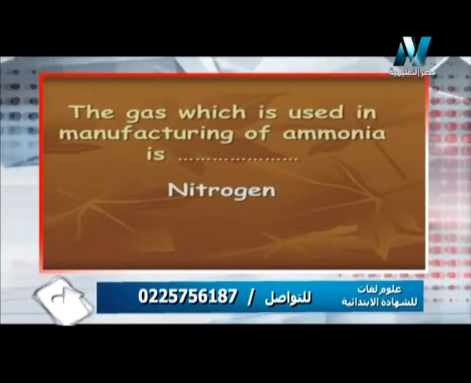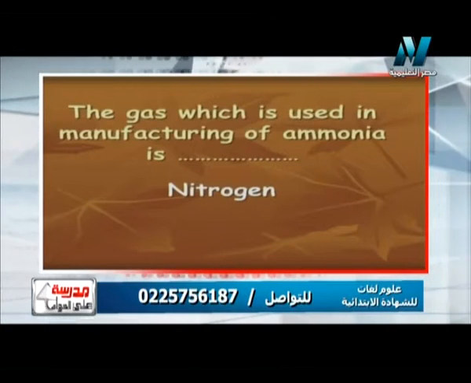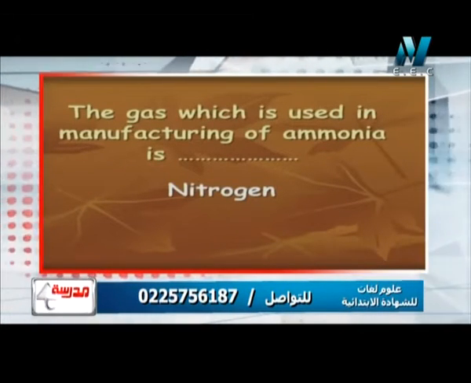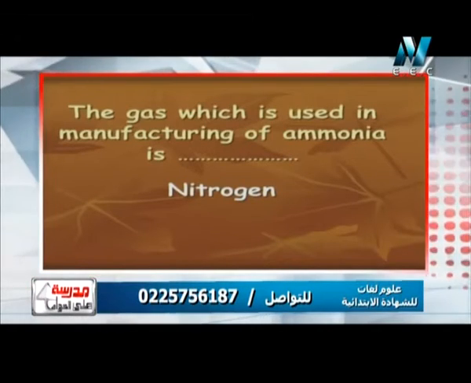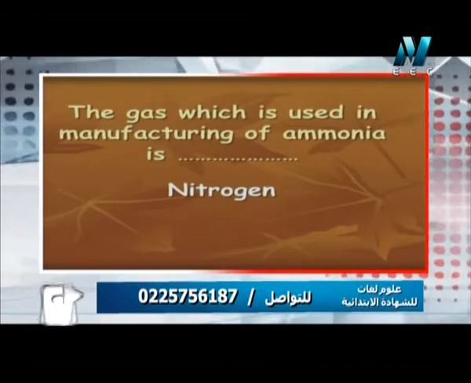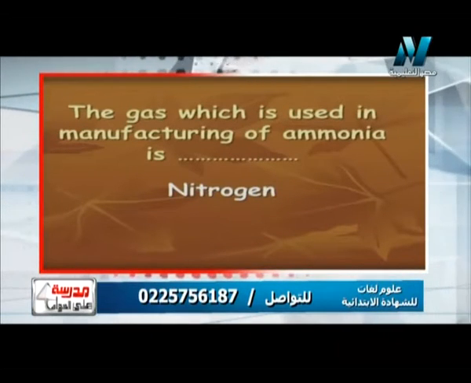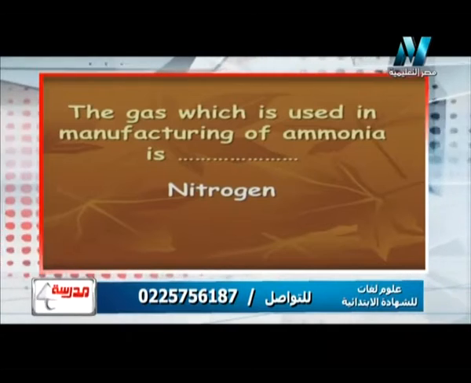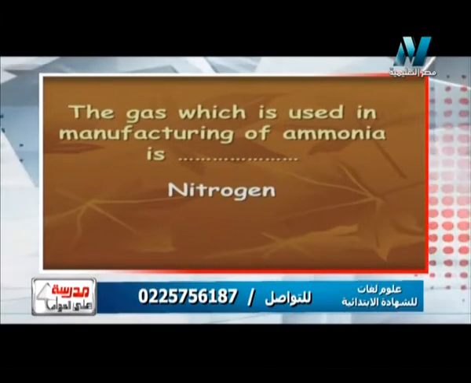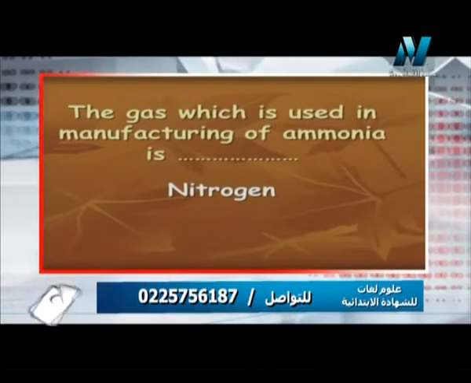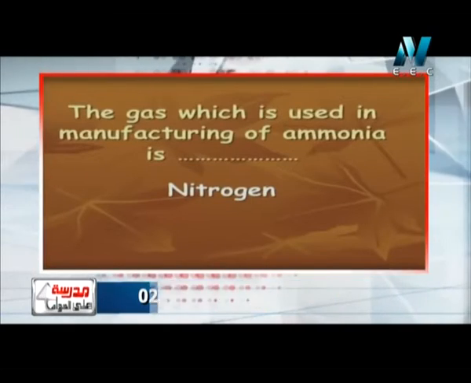And also we know that nitrogen is used in liquefied form in storing explosive and flammable materials such as petrol and gunpowder, and also in many uses such as filling car tires, as I said at the first of this episode. So the gas used in manufacturing of ammonia is nitrogen gas.